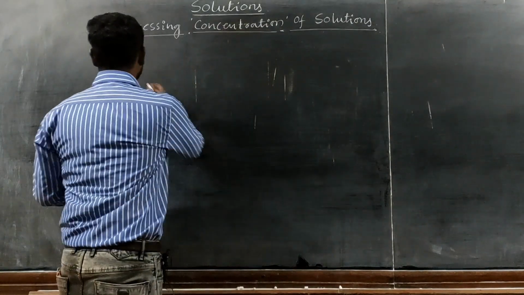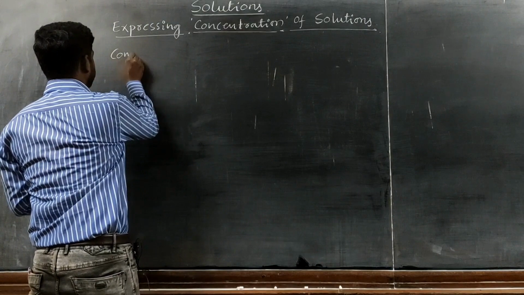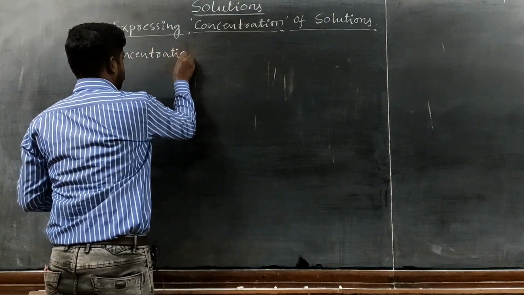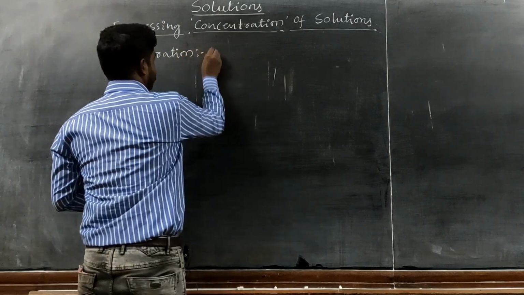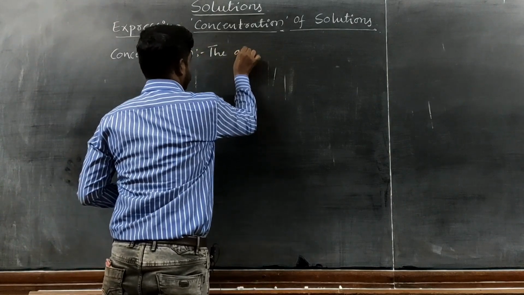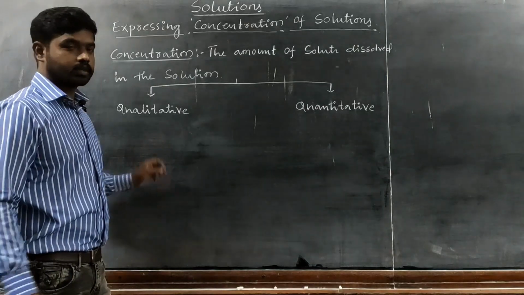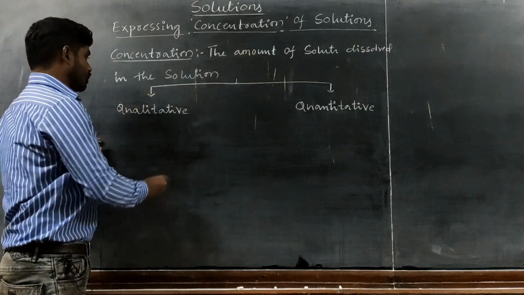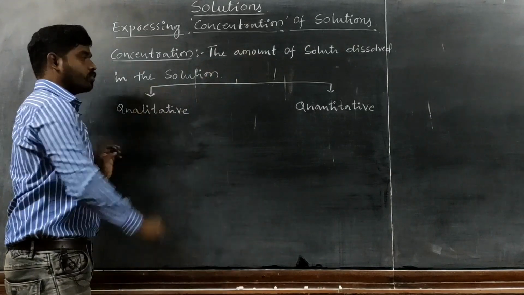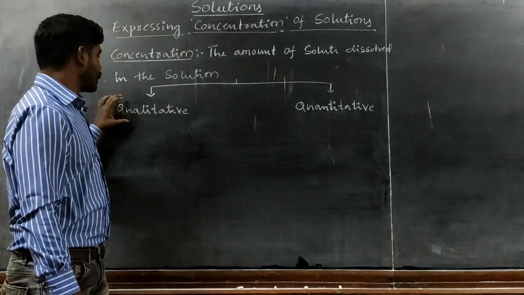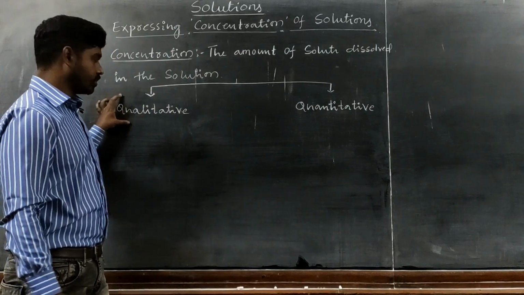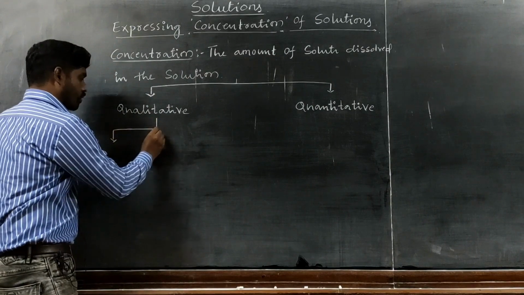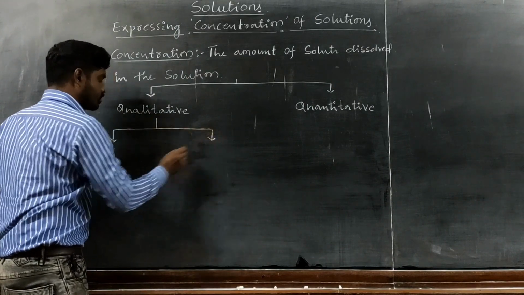So concentration means the amount of solute that is dissolved in the solution. So based on the amount of solute that is dissolved, we call it a qualitative description. Here again we can classify into 2 types. One is dilute, the other one is concentrated.